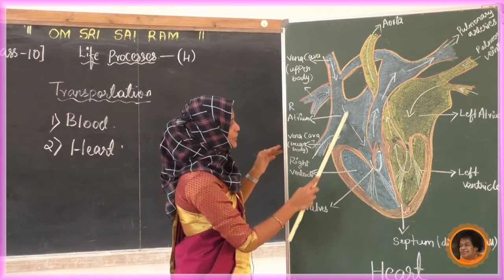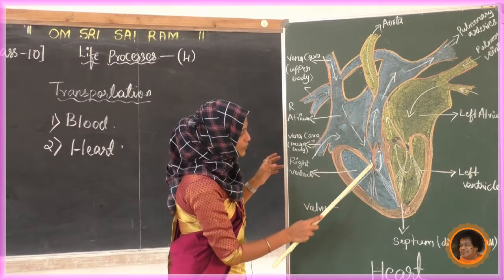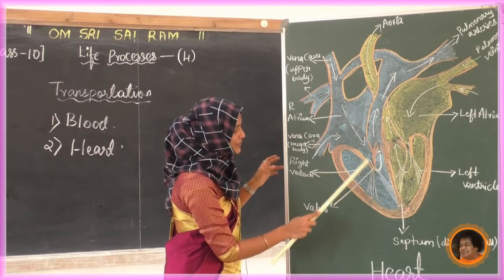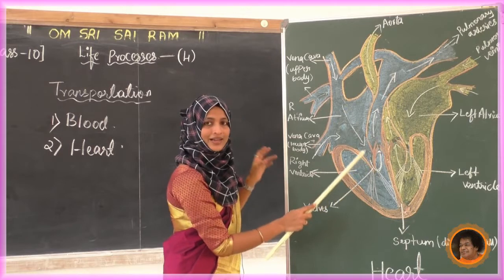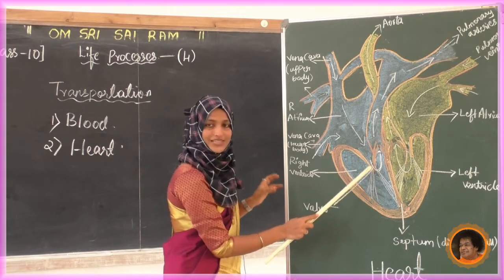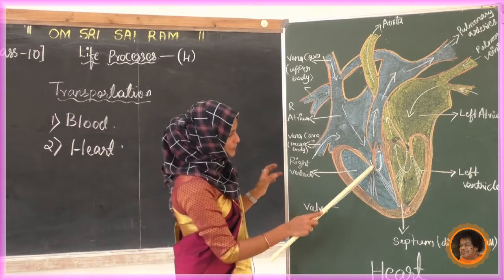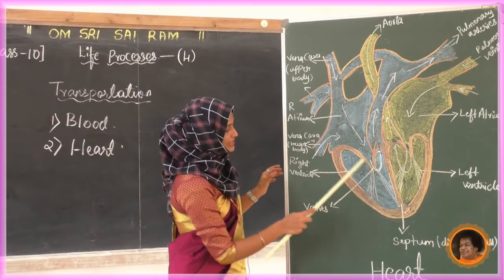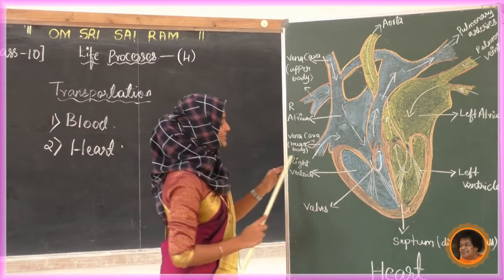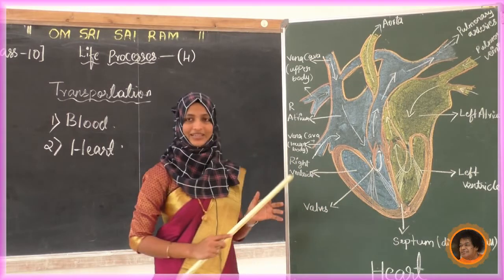Next, here we can see a small passage, that is called the valves. Next we can see one more chamber, that is called the right ventricle.